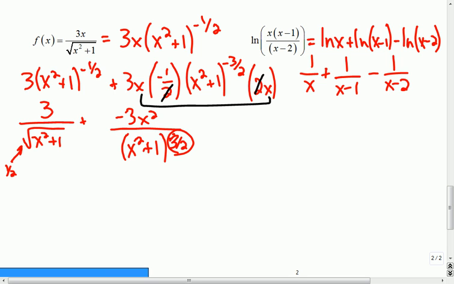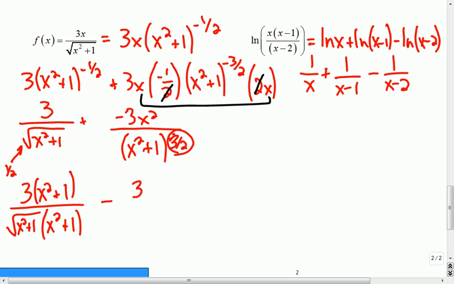So that would be 3x squared plus 1 over okay, and now I have a common denominator. I have a 1/2 here, and I have a 1 here. So 1 1/2 is the same as 3/2, so I have a common denominator.